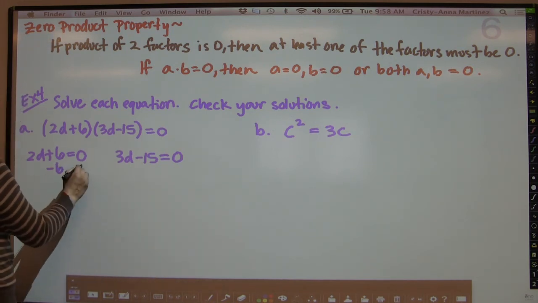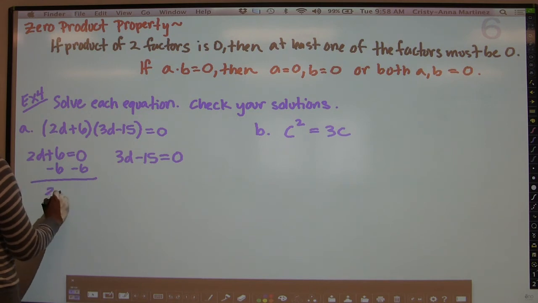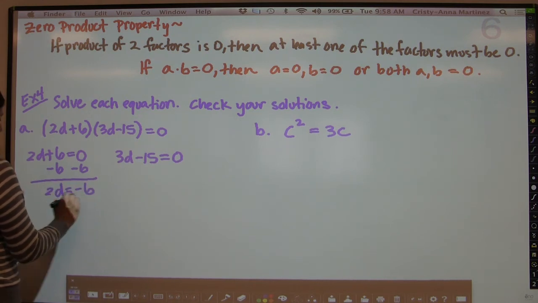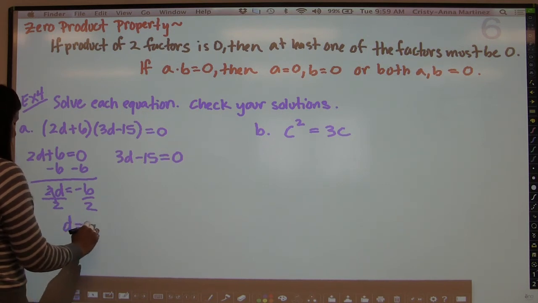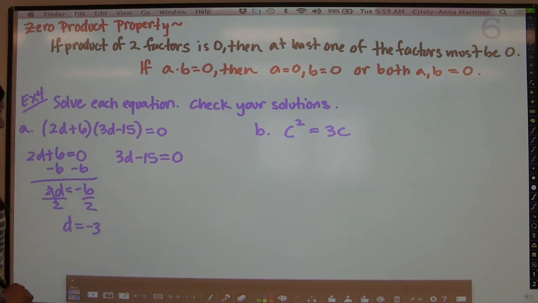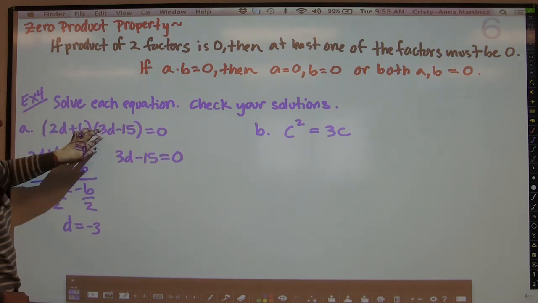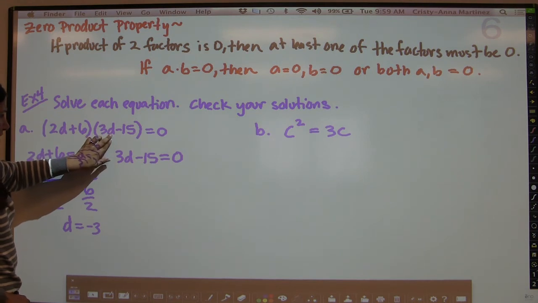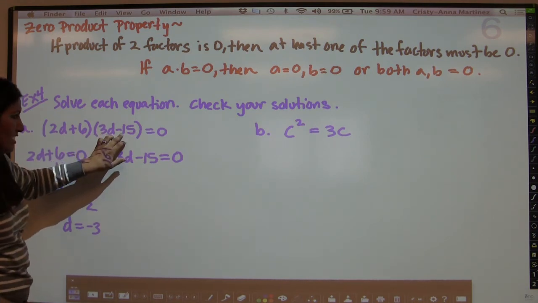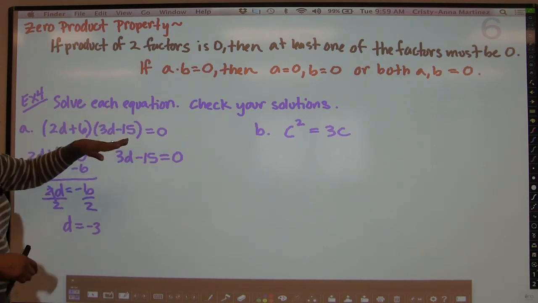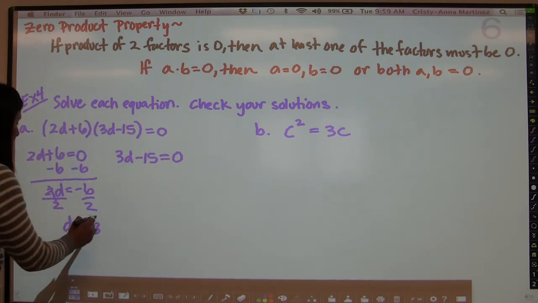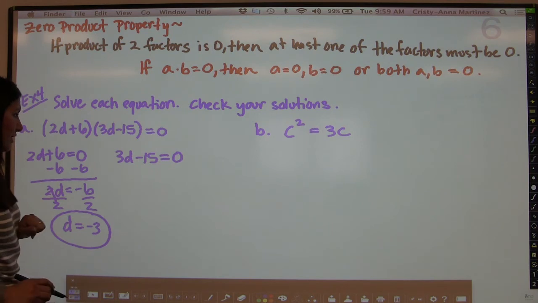And so I subtract 6, and I get 2D equals negative 6, divide by 2, and so D equals negative 3. And so if D equals negative 3, then I'm going to get negative 6 plus 6, and this will be 0. And even though 3 times negative 3 is negative 9, and negative 9 minus 15 is not 0, it doesn't matter, because 0 times anything will make the whole thing equal 0. So D equals negative 3 is definitely one of your answers.